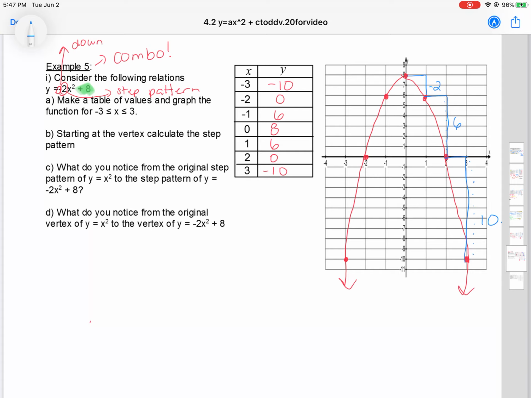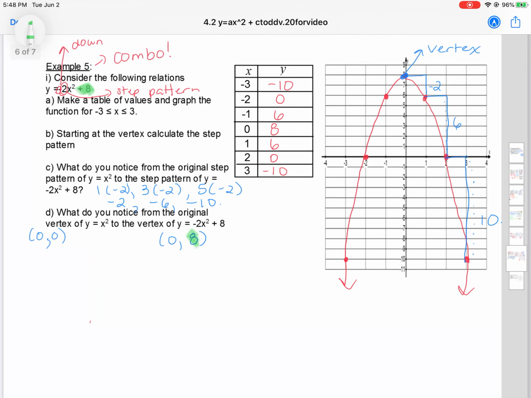Okay, so the step pattern has been changed from 1, 3, and 5 to down, negative 2, negative 6, negative 10. So we saw that one already. But then the original vertex, which is 0, 0, now has been changed into 0, 8.